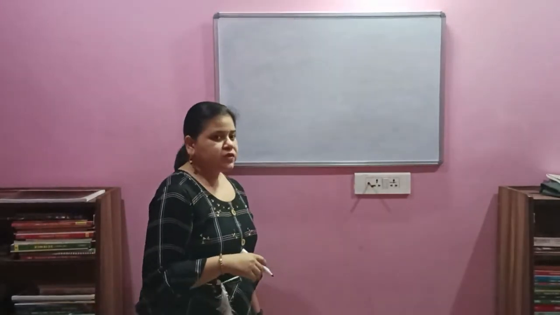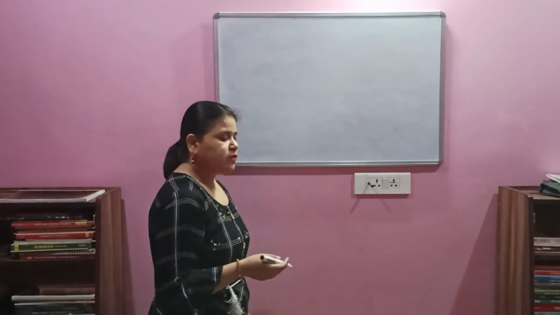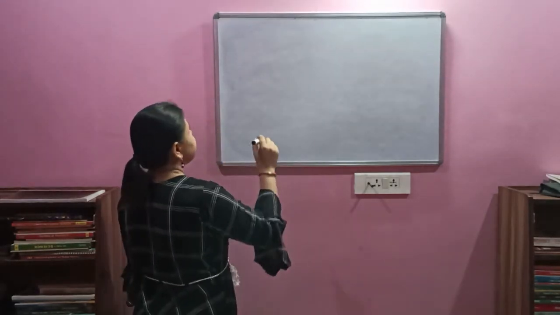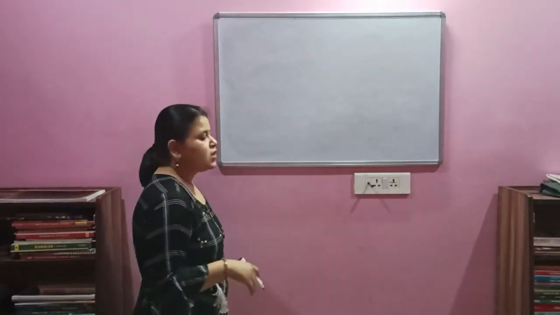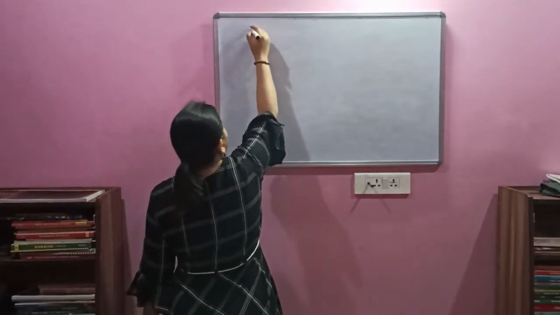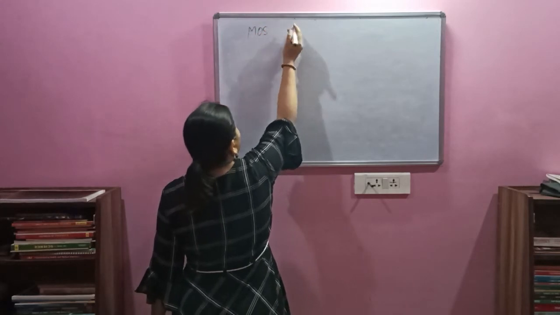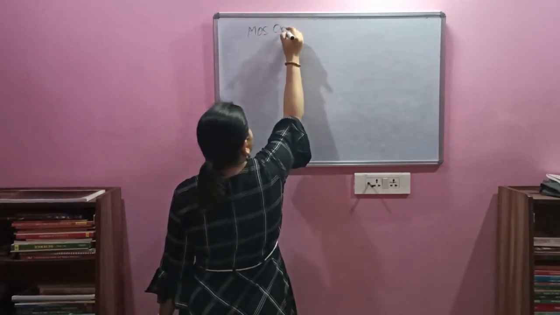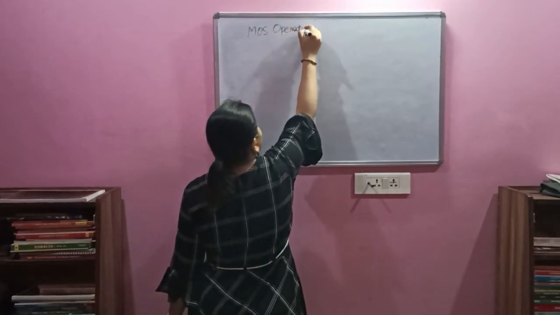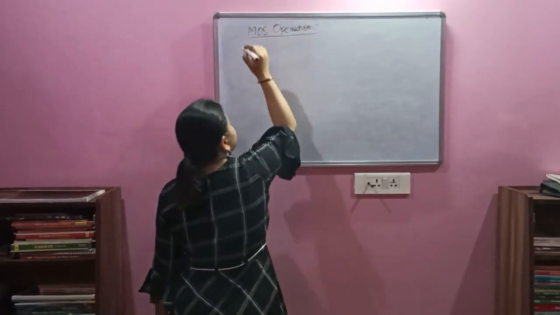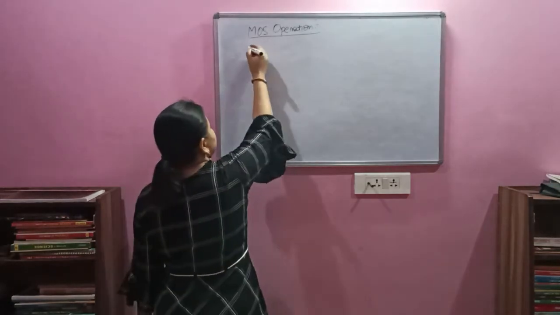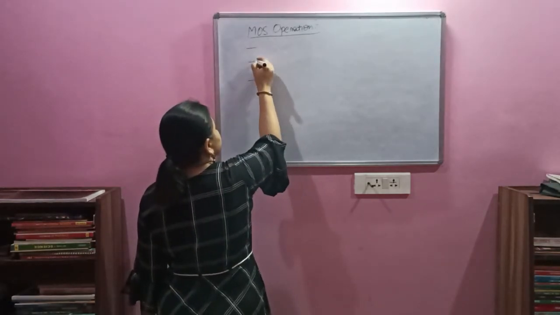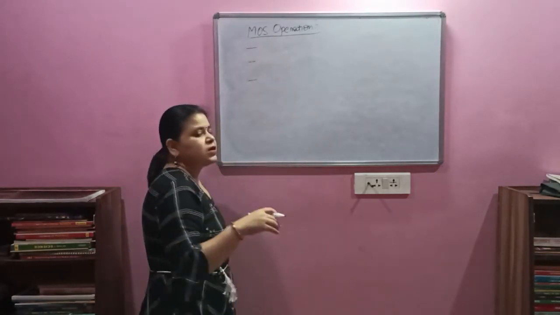Now after the discussion on the flat band voltage, the MOS structure and its energy band diagram at the equilibrium state, further we will move towards the MOS operation. The operation of this MOS structure has 3 steps.